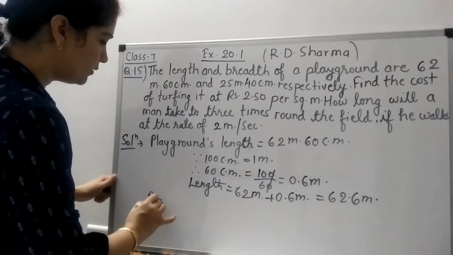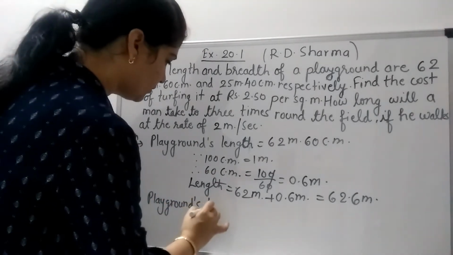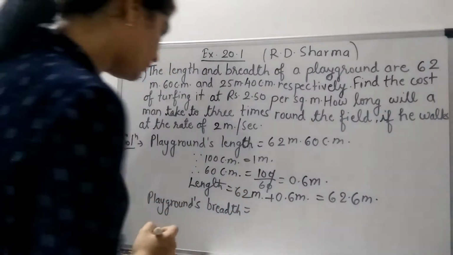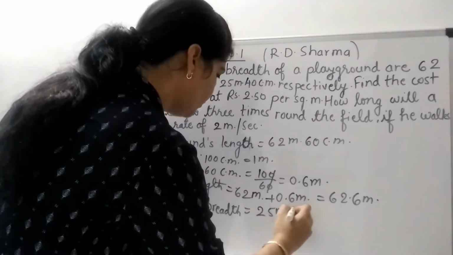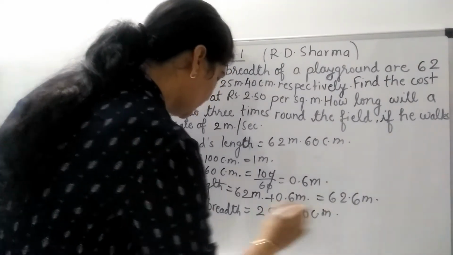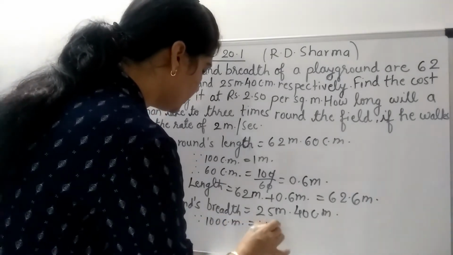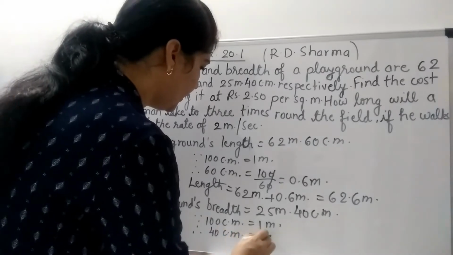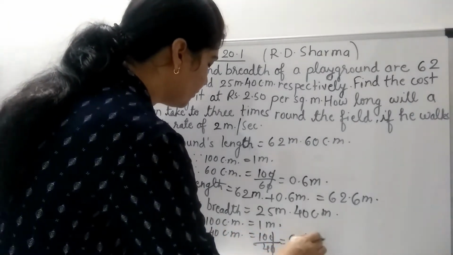Now the playground's breadth. It is given 25 meter and 40 centimeter. Since 100 centimeter is equal to 1 meter, therefore 40 centimeter will be 40 divided by 100, it will be 0.4 meter.